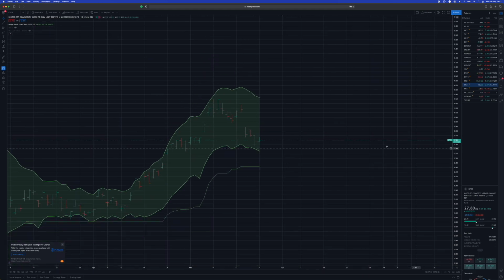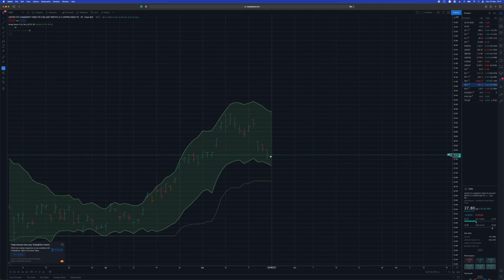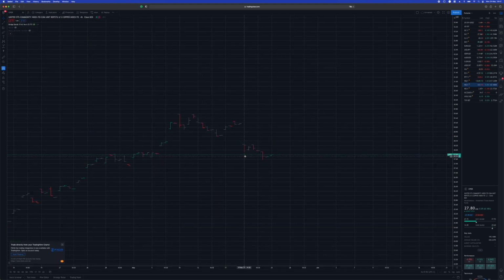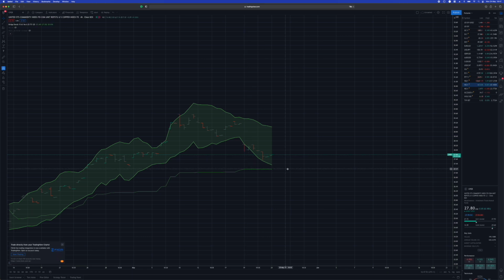So this is the copper ETF. This is what's currently an open position on risk ranges, RTA. So the daily trend is here in accordance with the bridge bands. 27.17.